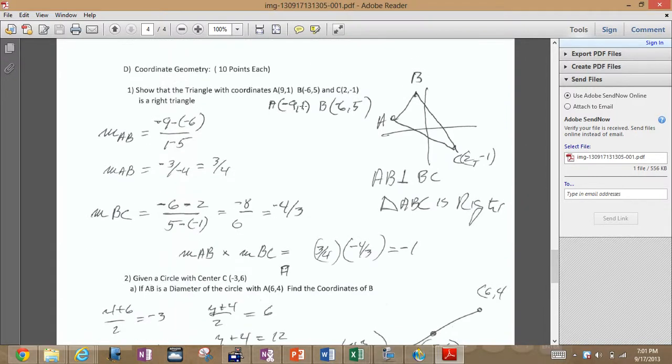Show that the triangle is a right triangle. This is easiest just by, I did a simple sketch just to get a notion of, well, what sides look to be perpendicular. So it's looking as if the AB and AC sides are perpendicular.